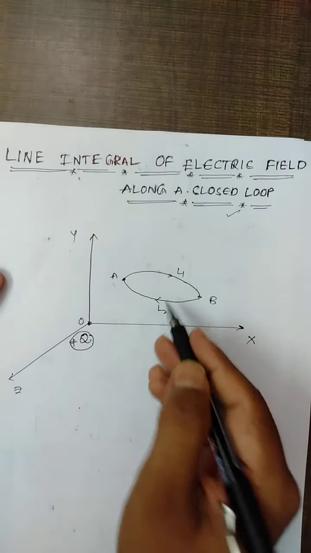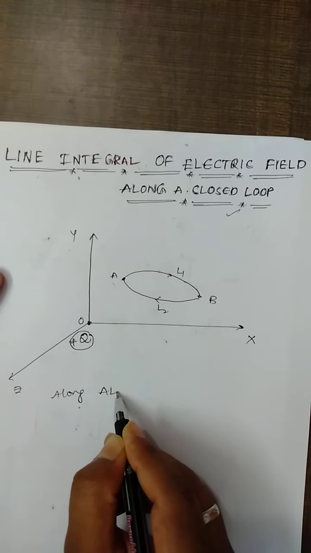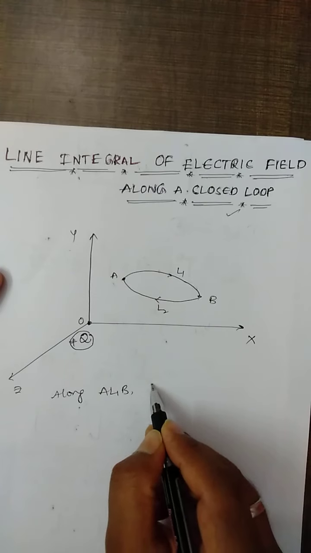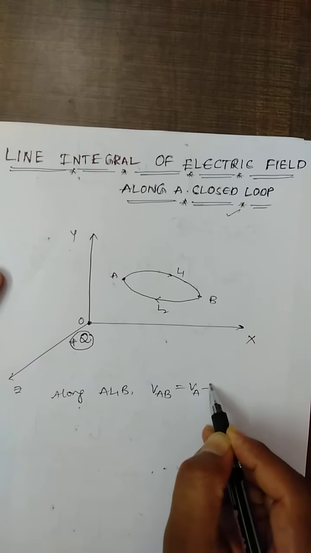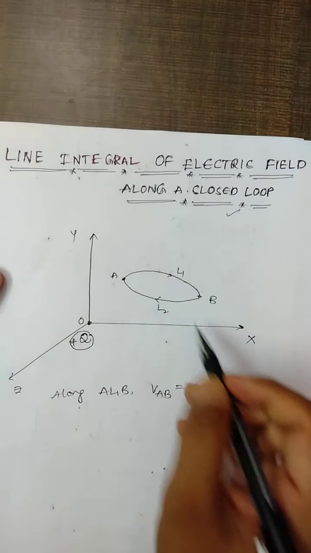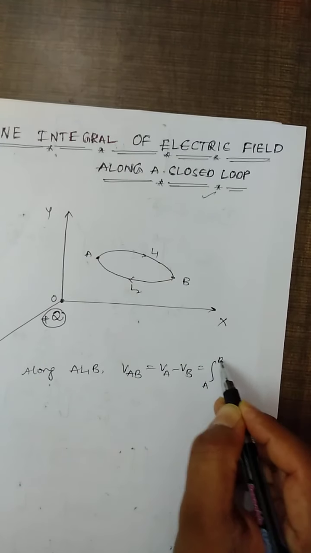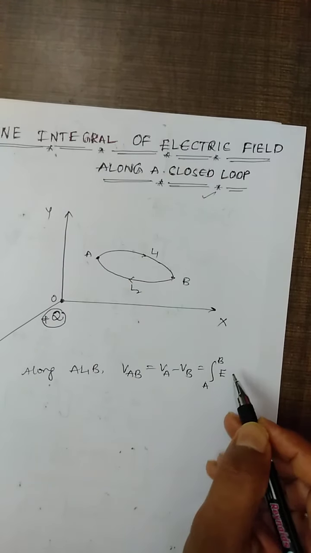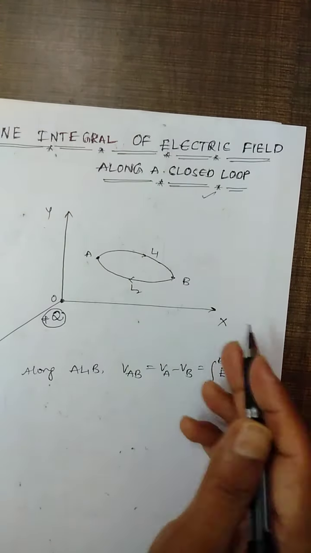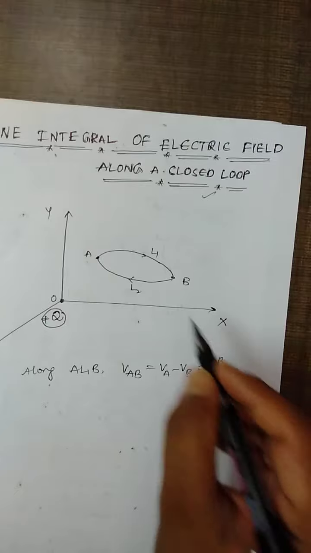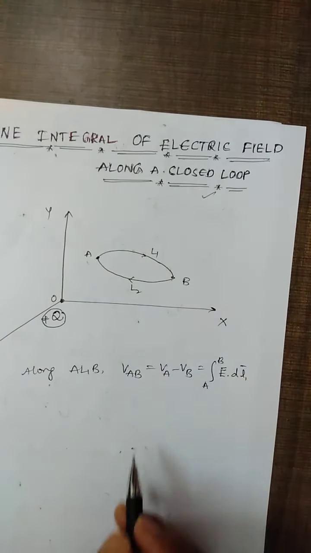Along path A L1 B, the electric potential is VAB, which is VA minus VB, and the line integral is integration A to B of E bar dot dl bar, where dl bar is a small length element.